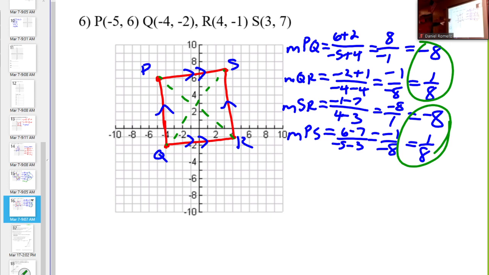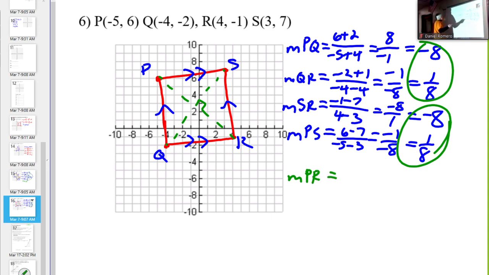I need to now prove that it's also a rhombus. A rhombus has perpendicular diagonals, which means that these two slopes should be negative reciprocals. So I would now do the slopes that I haven't done yet. Slope of PR.